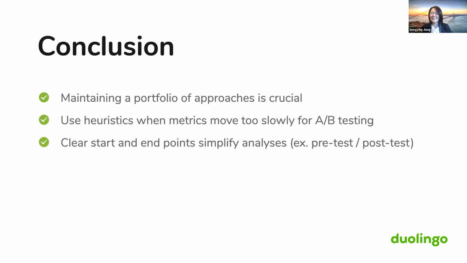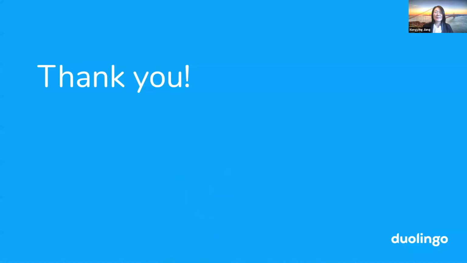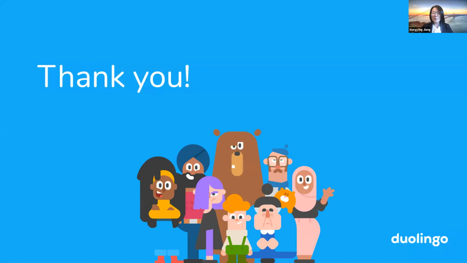And having clear start and end points can simplify our analysis. For example, the use of pre and post, so we can take into consideration learners' prior knowledge when they started to use Duolingo. So this will be the end of our presentation.